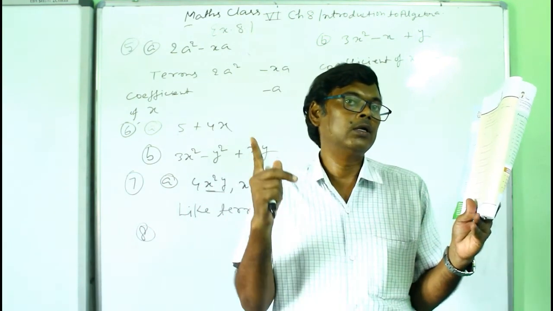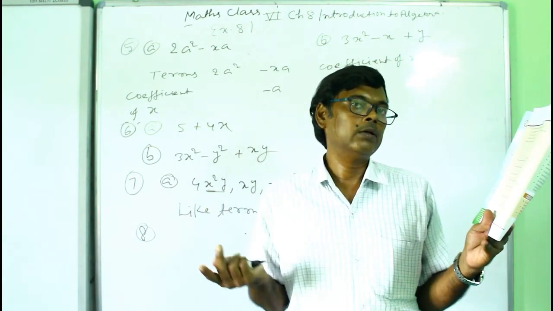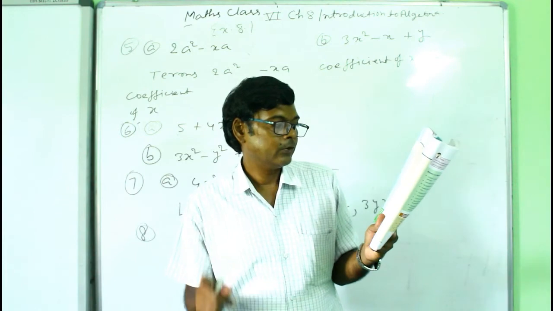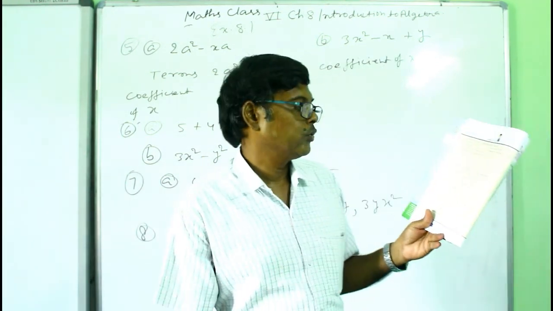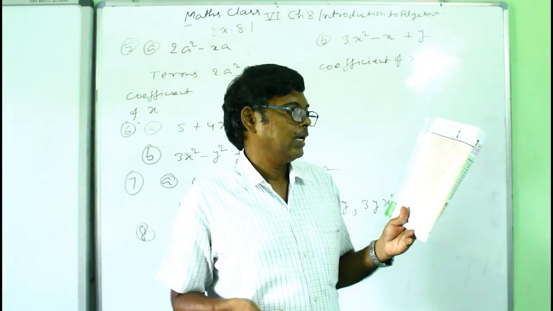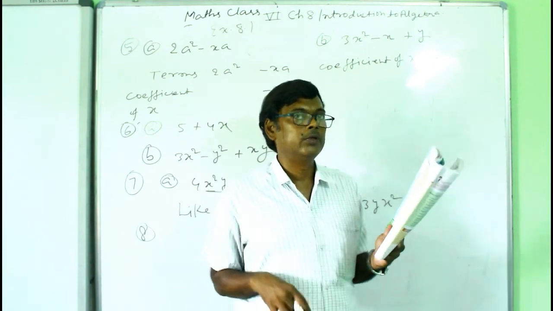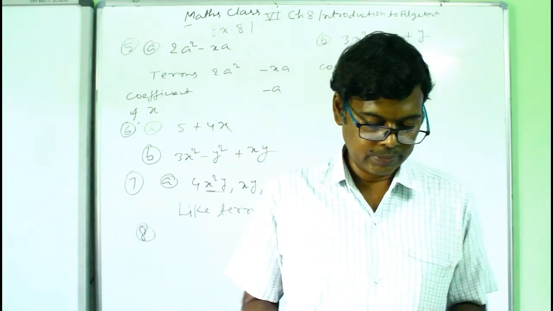This is only one term, so it is monomial. And C is also monomial because it has only one term. And D is binomial because it has 2 terms. And E has 3 terms, so that is trinomial. And F is also trinomial because it has 3 terms. So that is the answer of question number 8.